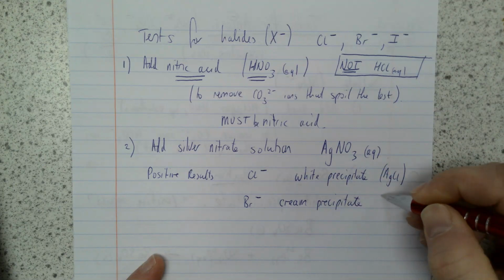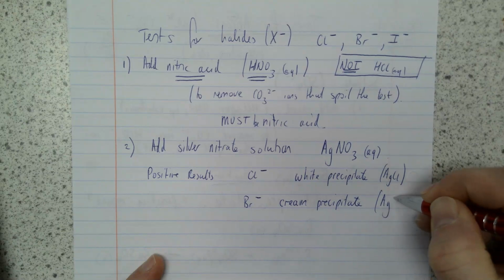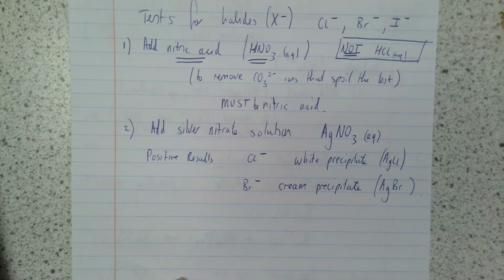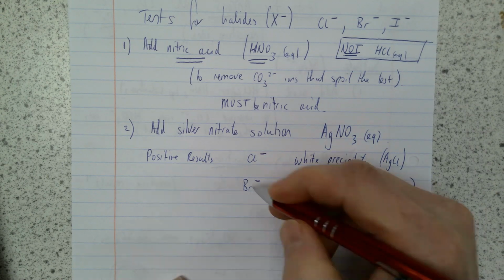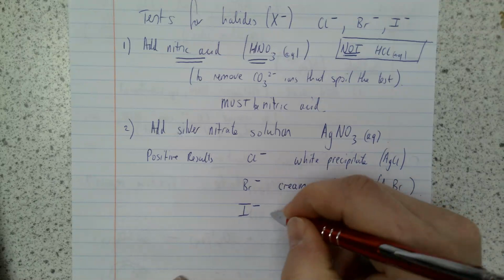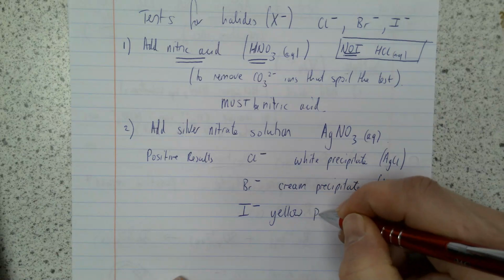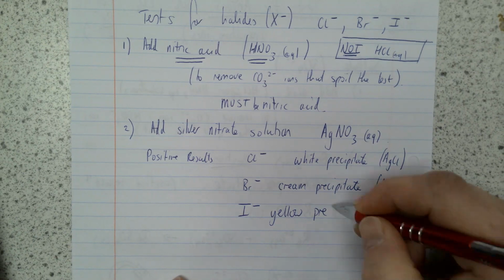But that's a cream precipitate, and you might be able to guess now that that's silver bromide, which is insoluble. Silver chloride's insoluble, silver bromide's insoluble, and silver iodide's also insoluble, which is why we see a precipitate for this too. And that one, I think you noticed, was a little bit yellower again.